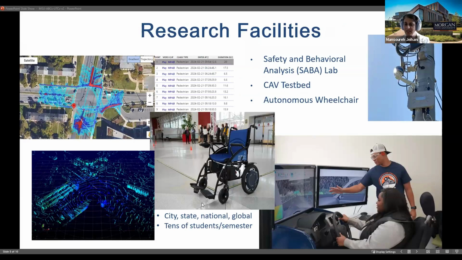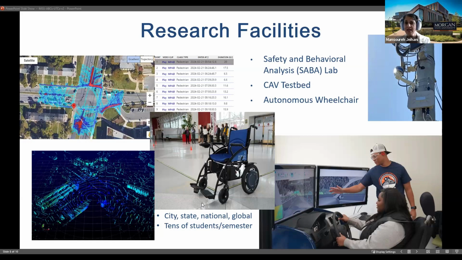We have a lab, the Safety and Behavioral Analysis Lab, or SABA lab. There we have driving simulators, eye tracking systems, a bike simulator, and a pedestrian simulator. So we have been doing a lot of safety and traveler behavior analysis.